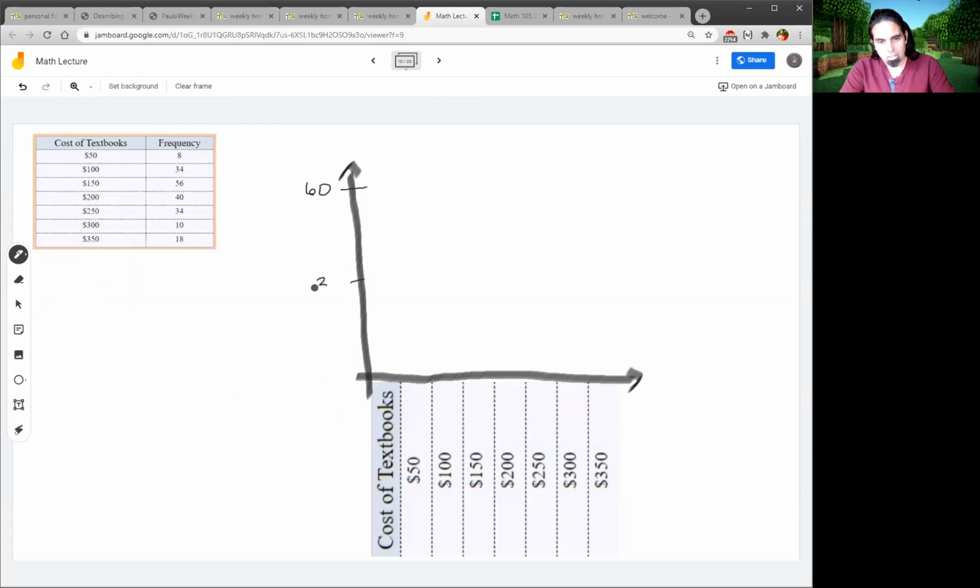So 30 can be halfway. That'll make this 45 and this 15. No one is grading me on my artwork. So 8 is going to be a little more than halfway to 15. 34 is going to be about this time. 56 is almost to the top.